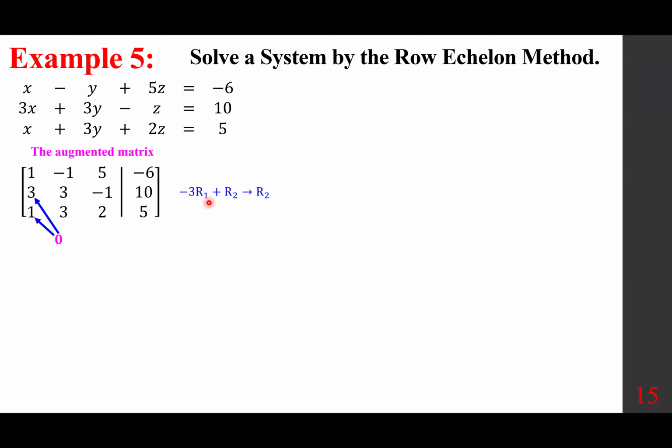So minus 3R1 plus R2 gives you new R2, makes this 0. And minus R1, just multiply this by negative, add it to this, gives you what you want. So just as an example, you write the first one doesn't change.